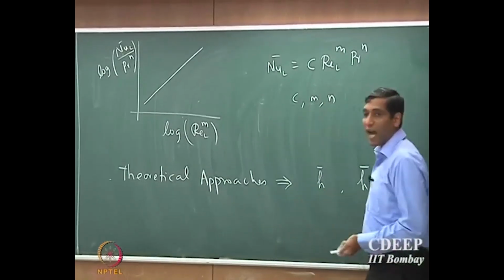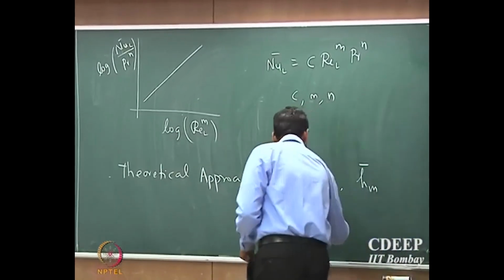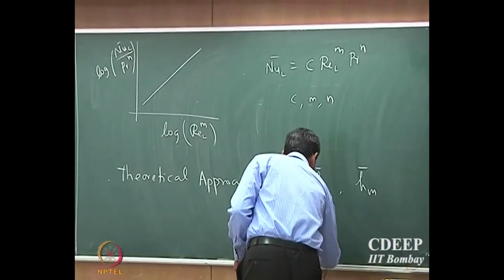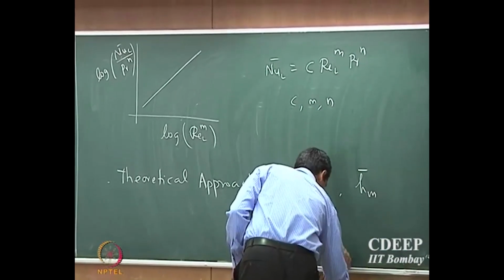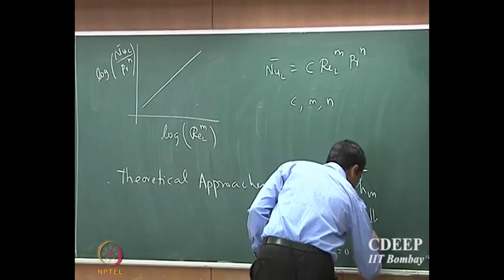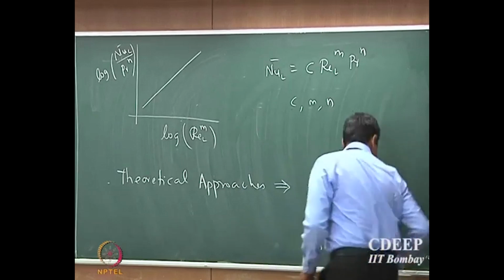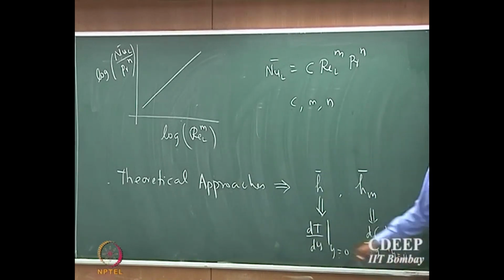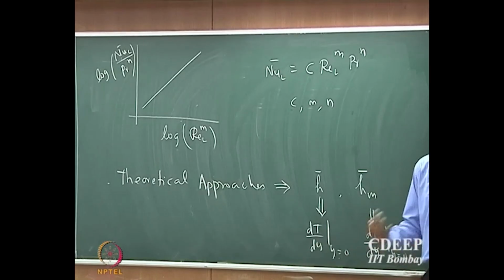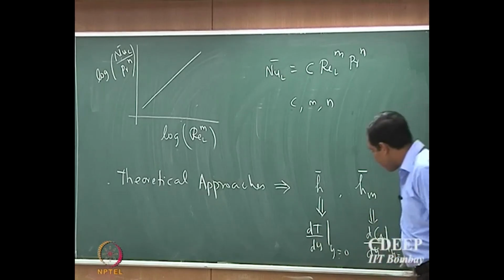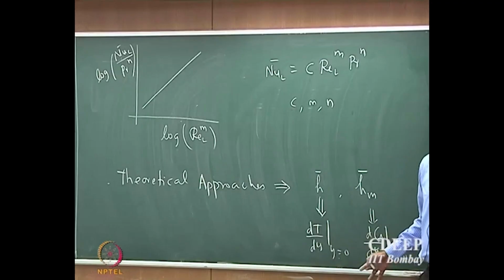What is important is only the average, and this depends only on the temperature gradient at the boundary and the concentration gradient at the boundary. So if we are able to find these two quantities for a given problem, we are done. The methods that people have developed, series solutions, etc., concentrated on finding these two quantities for any kind of geometry that one was interested in.